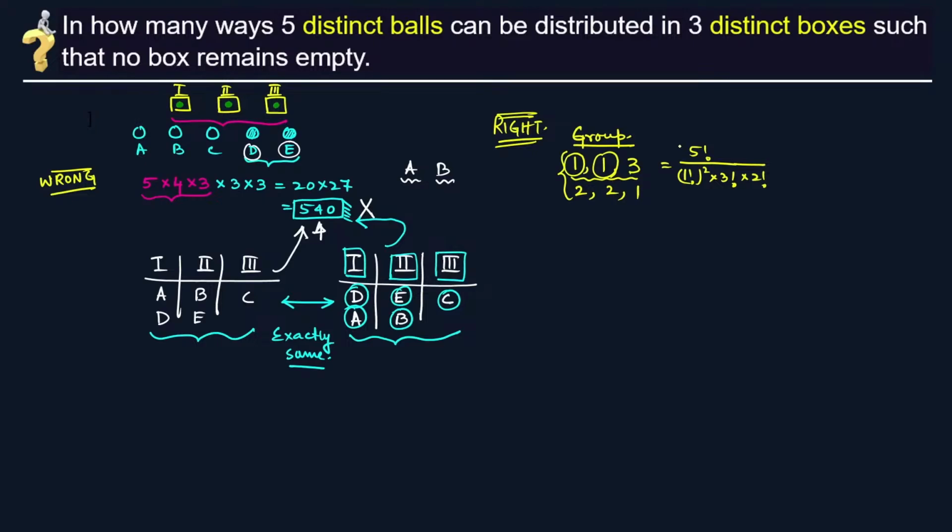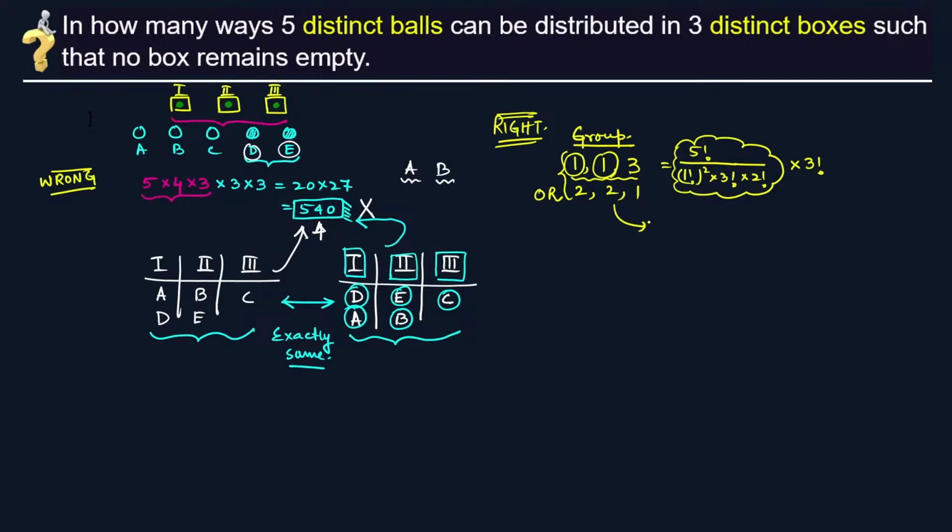Now this is the total number of ways of forming the groups in which the groups contain 1 ball, 1 ball and 3 balls. Now these ways of forming the groups will be distributed in 3 distinct boxes. So that can be done in factorial 3 different ways. Right?